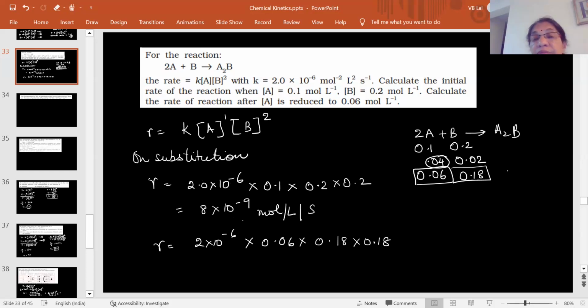0.06. Okay. So if I do multiplication here, what is the answer that I will get? 2 into... let us use the calculator. 2 into 0.06 into 0.06 into, sorry.